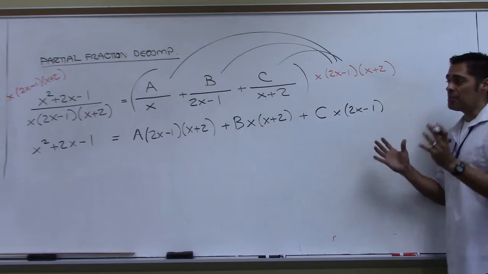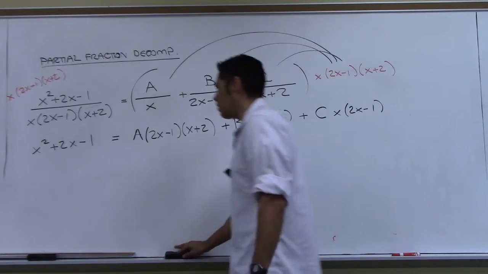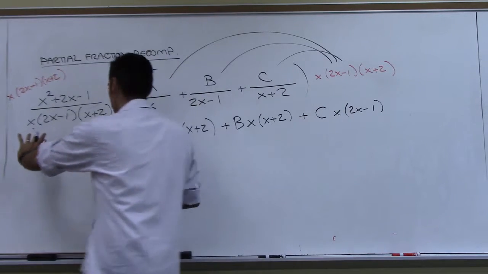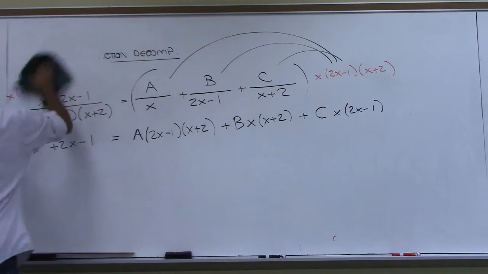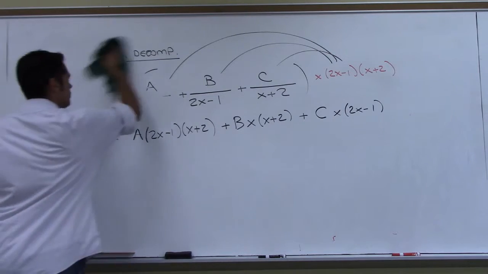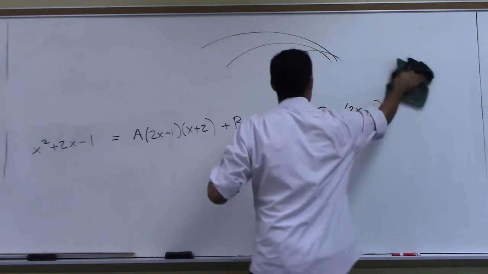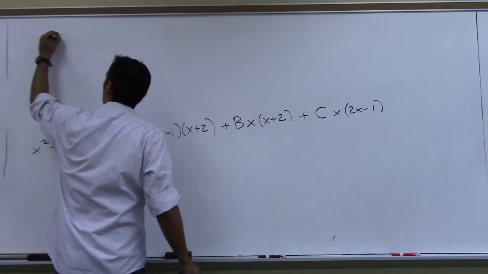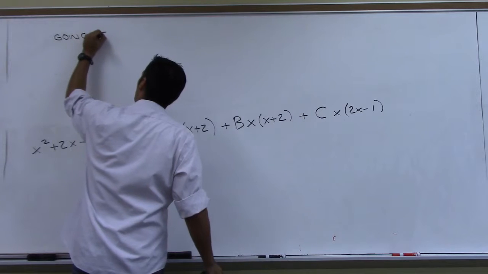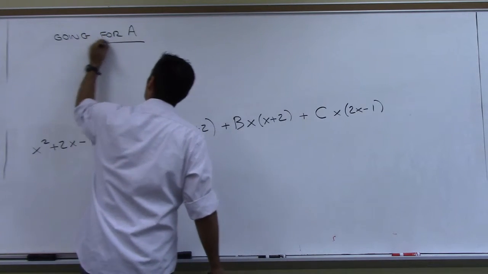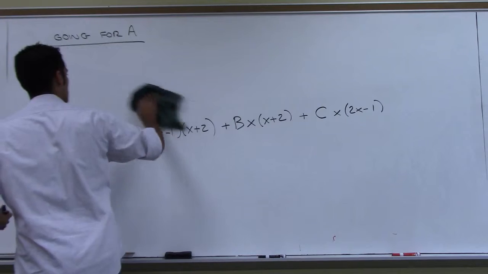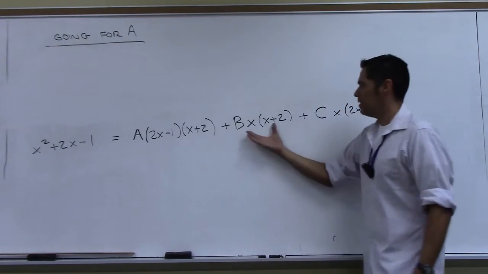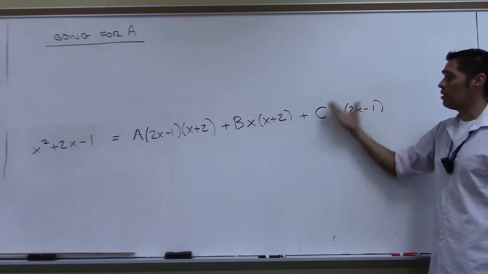We first say, let's go for A. Let's try and get A right now. This is going to be like the master equation that I'm going to work with for the rest of the problem until I get back to the integral. If I want A, it sure would be nice if this piece of junk and this piece of junk weren't here, right?